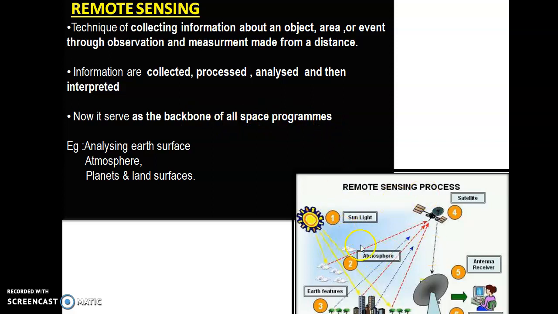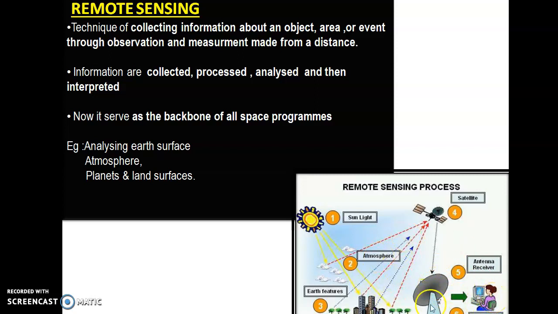Here is a simple demonstration of remote sensing done by a satellite. Here a satellite is placed and it is collecting information from all these things, and this information is passed into this antenna receiver, and then it is connected to a computer for the analyzer.